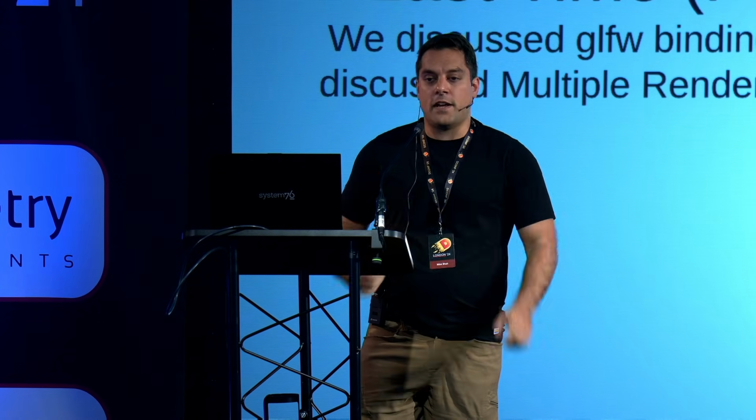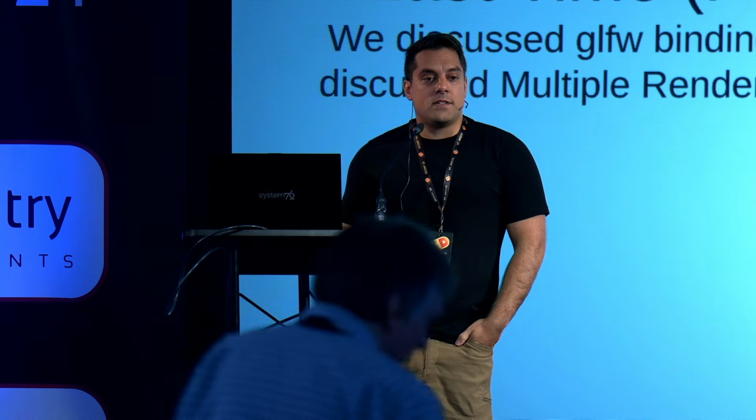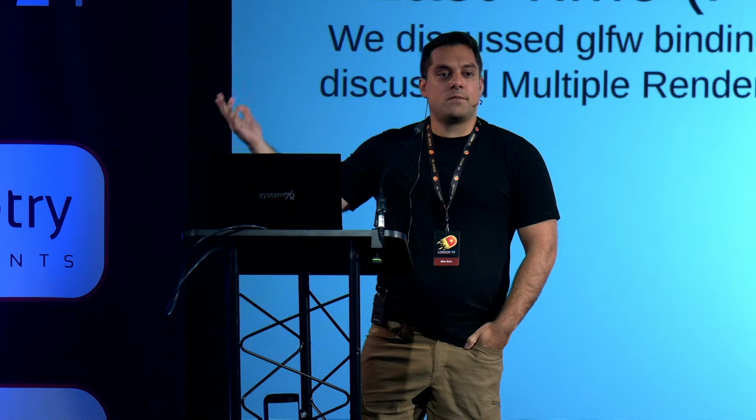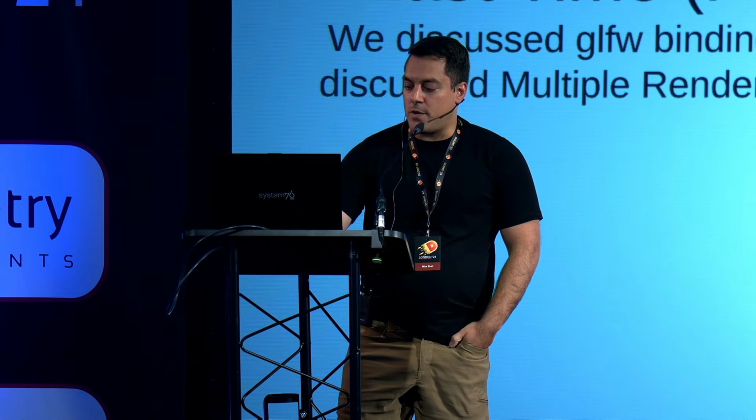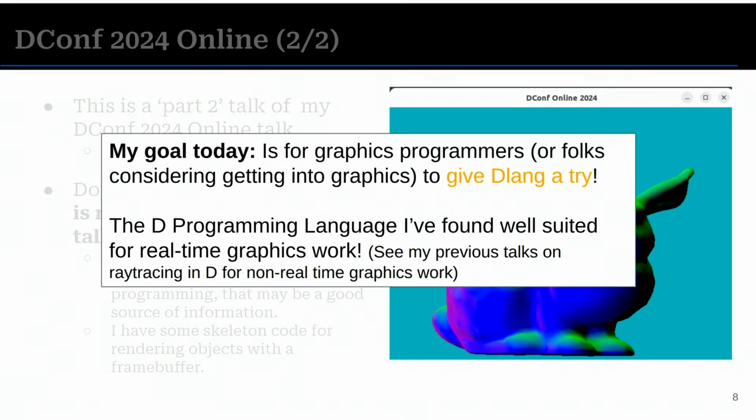That gets into the fun part of graphics, where you can build a system that supports the artists building your game and so on. So this is part two of the previous talk, with the goal of giving graphics programmers some motivation to give the D programming language a try.